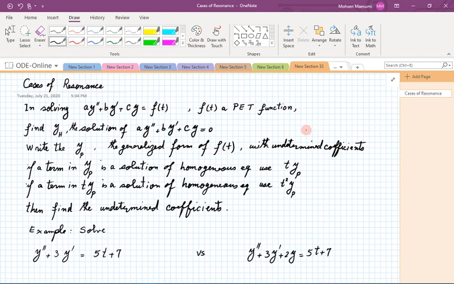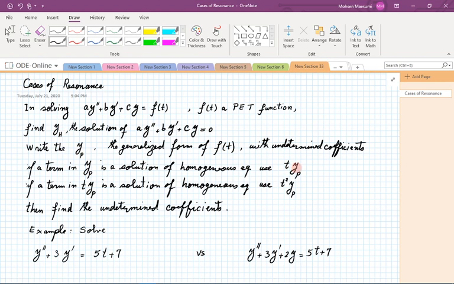The remedy is the following. If a term of the solution in YP is what appears in YH already, if a term of YP is a solution of the homogeneous equation, then we have to start with T times our starting guess.